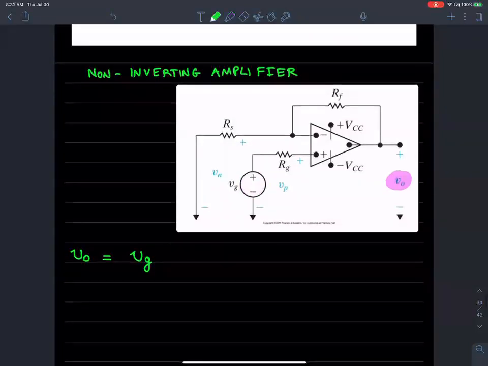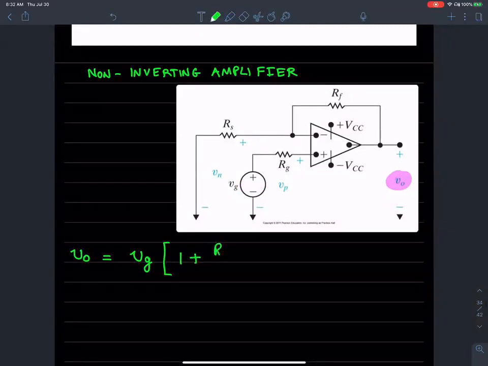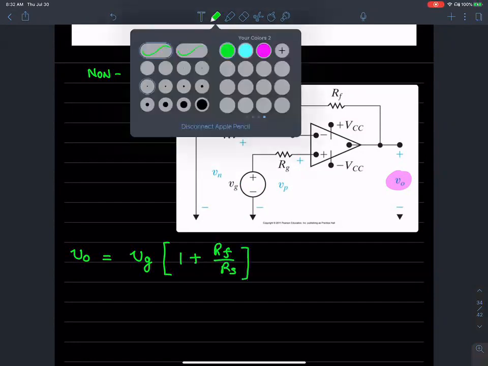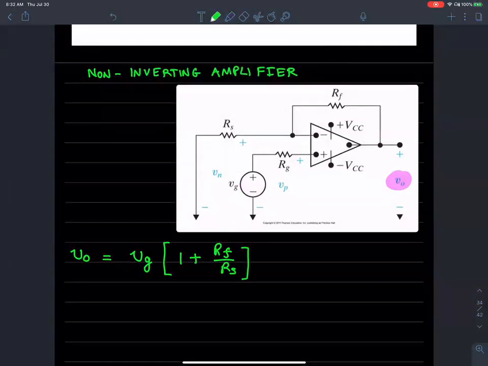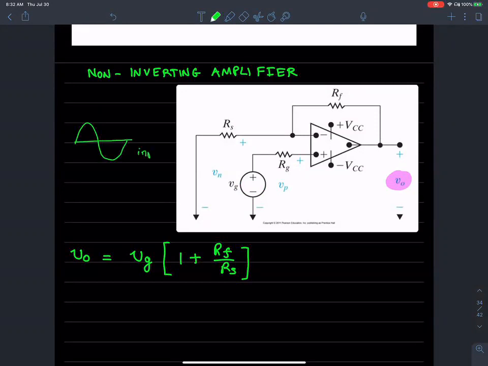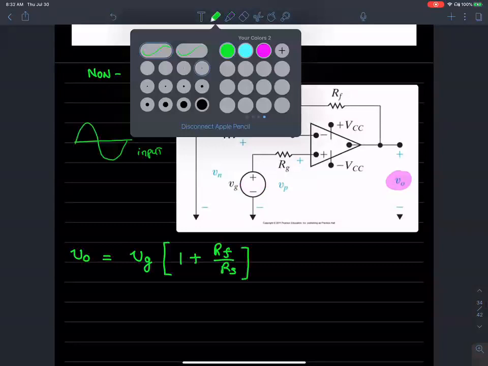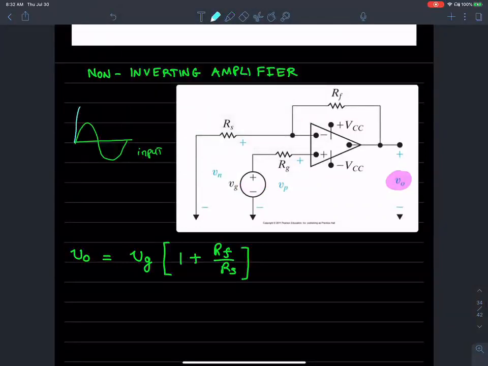Remember, the gain is positive, 1 plus RF over RS. So if you were to plot the input and output waves, the output is going to be in phase but amplified. It's not inverted, right? So this is a non-inverting amplifier.